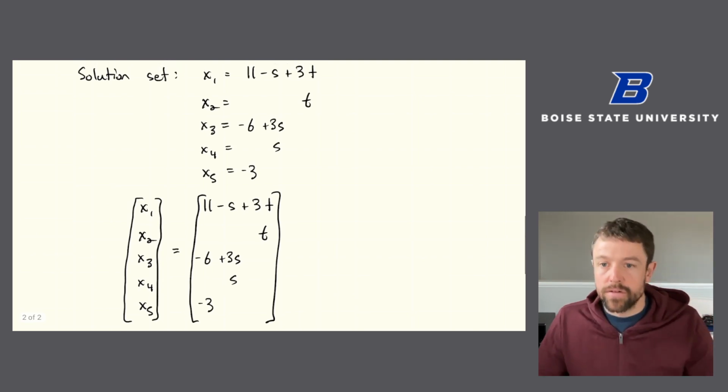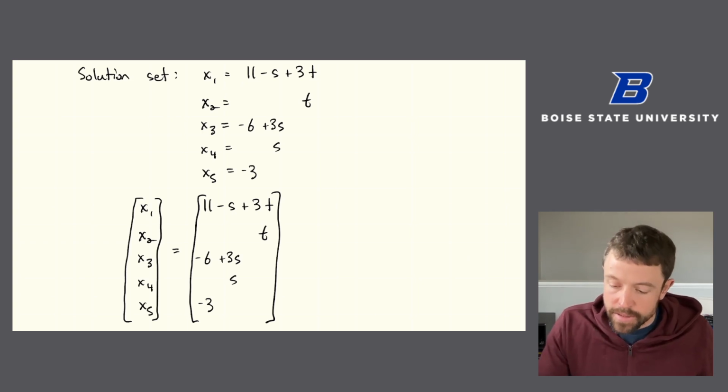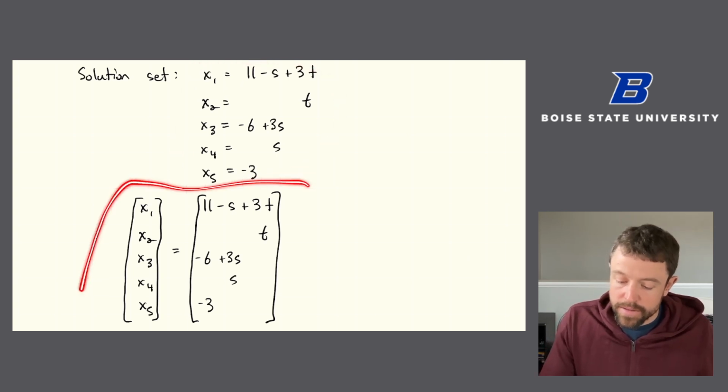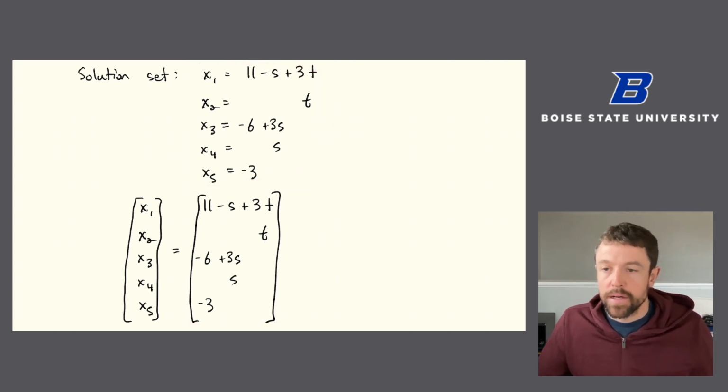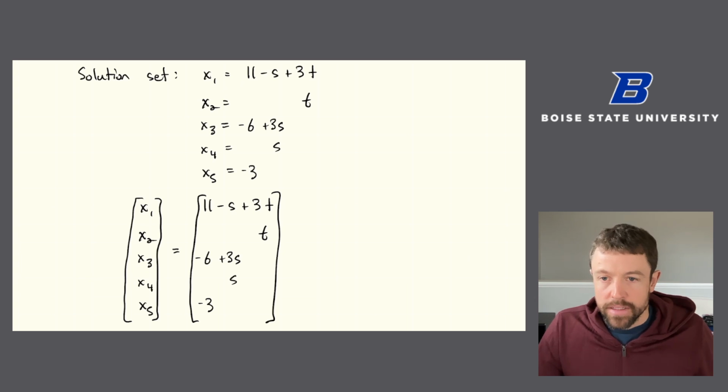Saying that these 2 vectors in 5 dimensions are equal. This system, or this solution set, is equivalent to this vector equation. All right, so I don't think that's impressive.